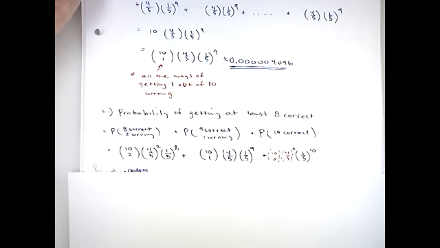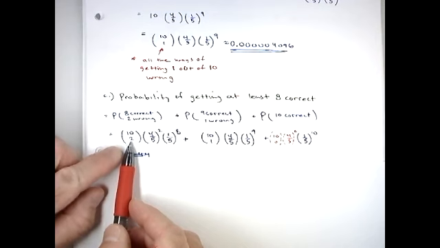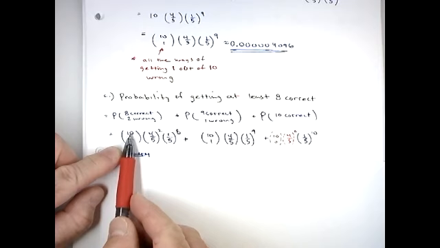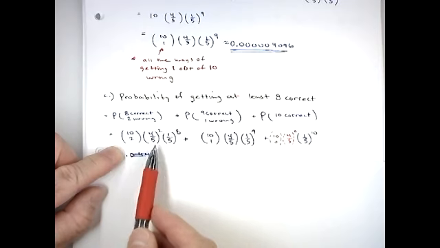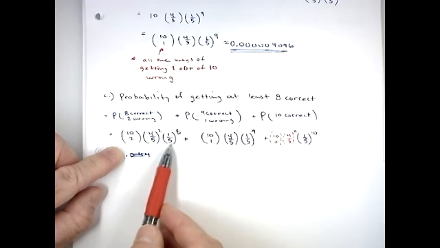Counting the probability of getting 8 correct, you first want to count the number of ways of getting 2 of them wrong out of the 10 questions. And then if you think of your 10 questions, 2 of them will have a 4/5 probability of getting them wrong, and 8 of them will have a 1/5 chance of getting them right. So you'd have 4/5 squared, 1/5 to the 8th.